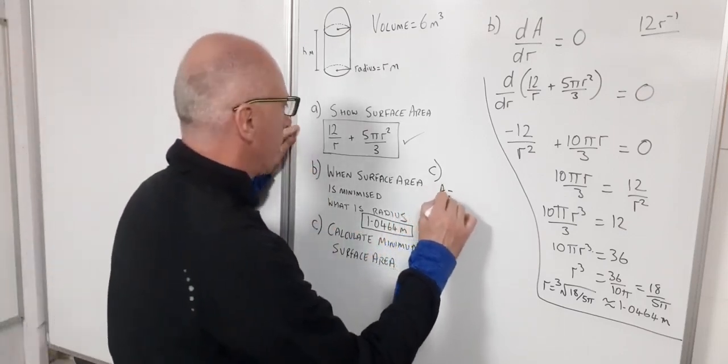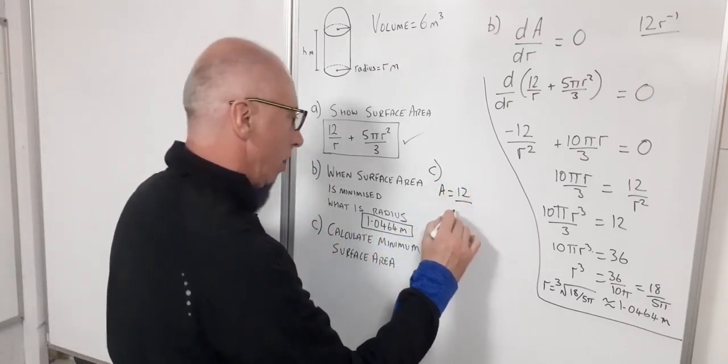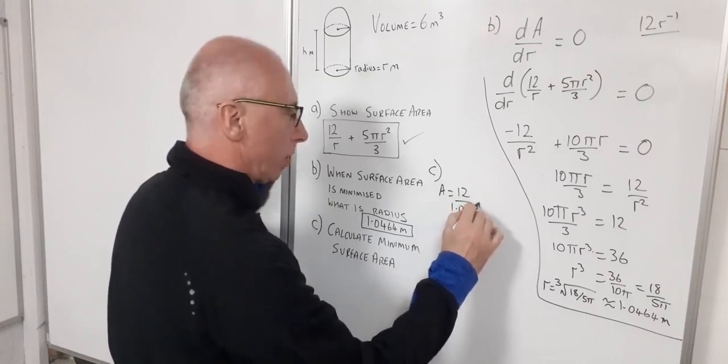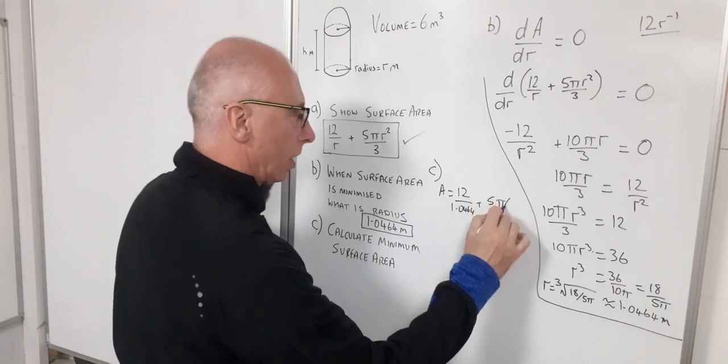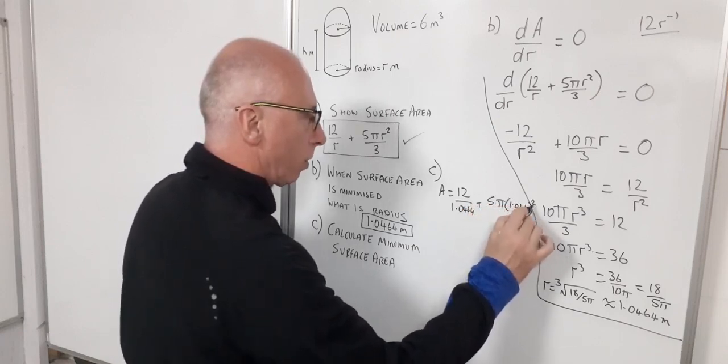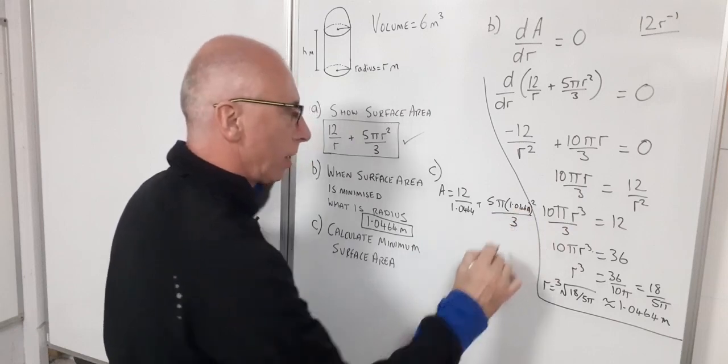So area equals 12 over 1.0464 plus 5 pi times 1.0464 squared divided by 3.